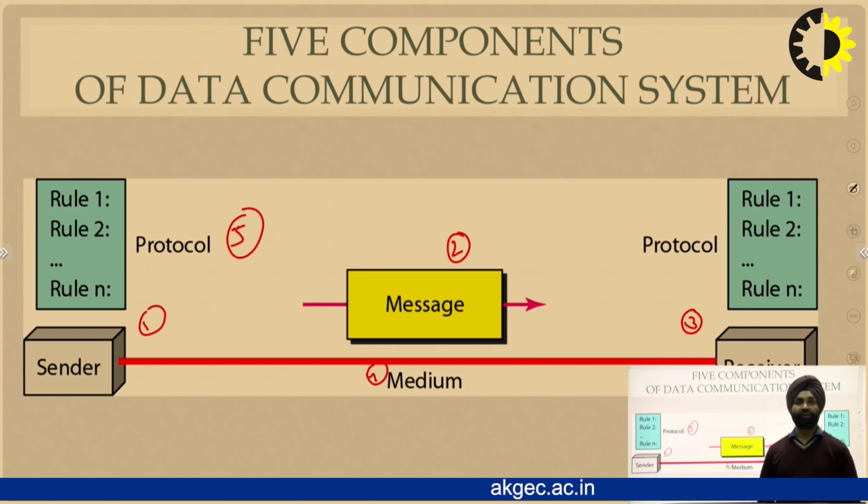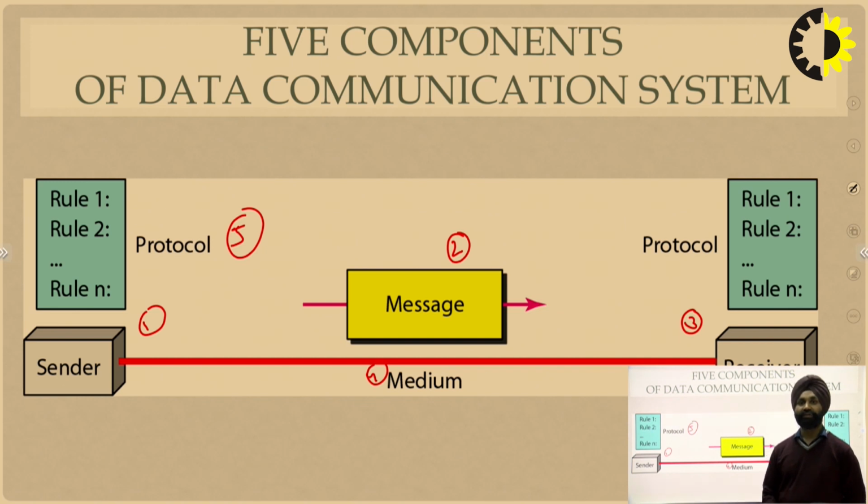For example, if a sender transmits information that cannot be interpreted by the receiver, or if the communication between sender and receiver is not as per these rules, they cannot communicate with each other. So these are the five components required for communication between two devices.